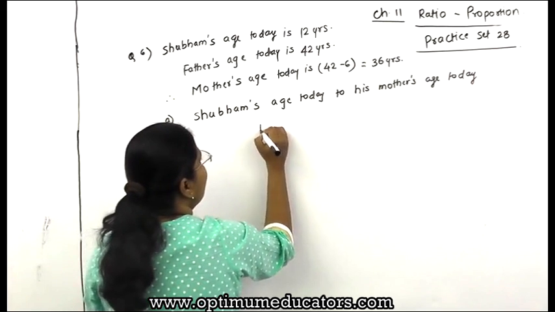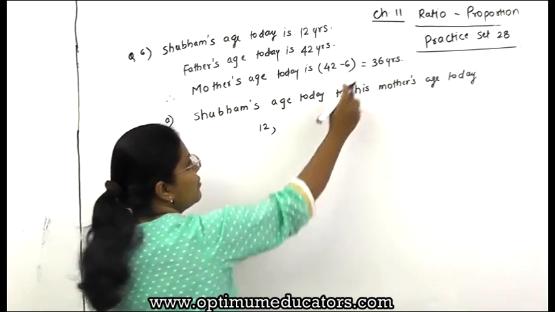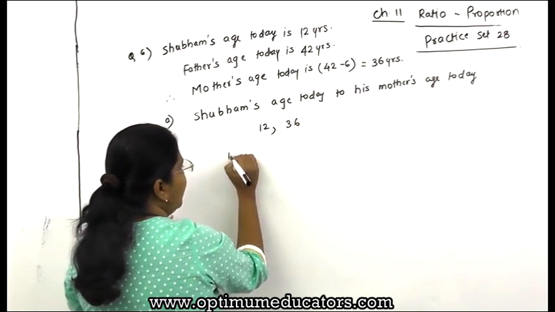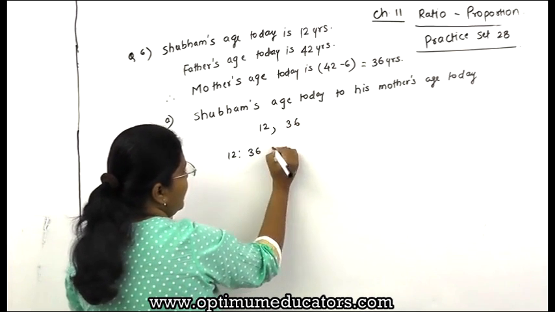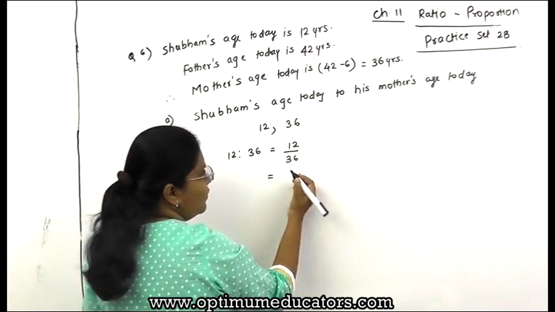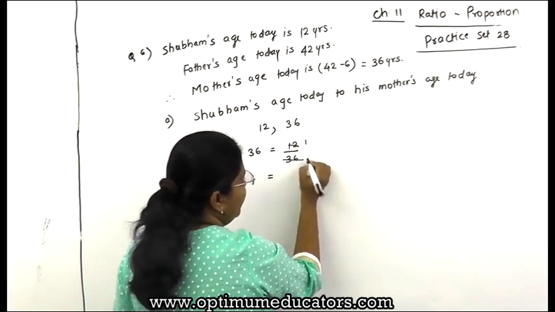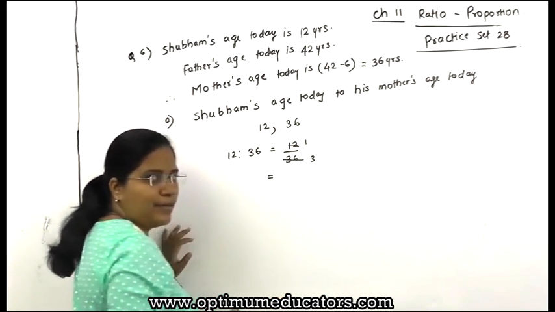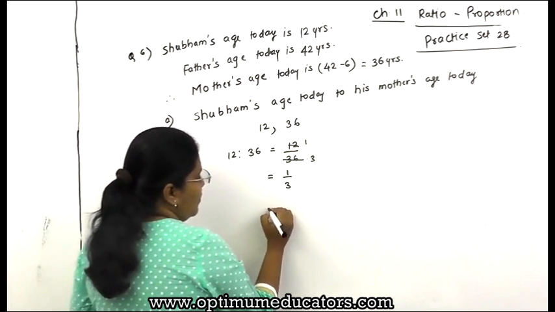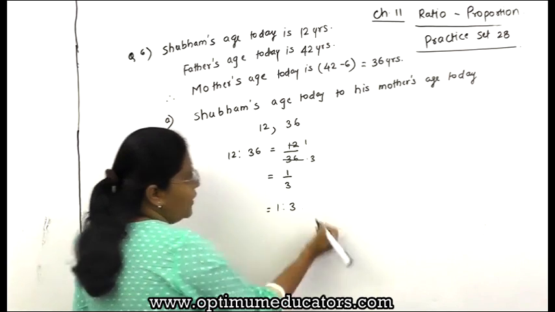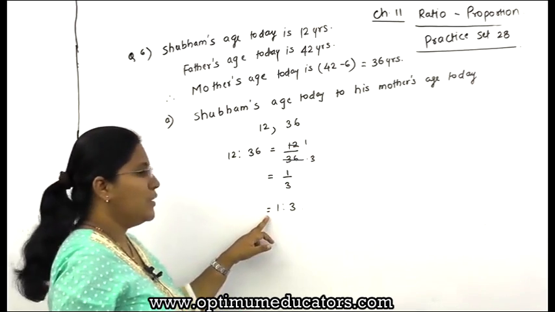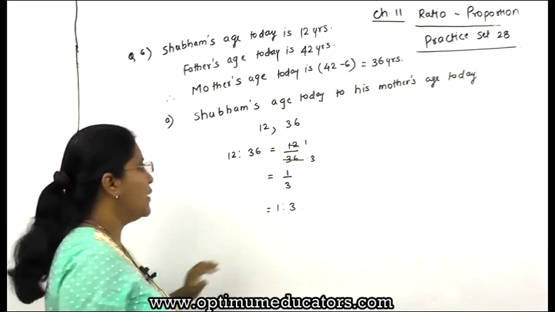It is 12 years. And what is his mother's age today? It is 36 years. So 12 is to 36. 12 upon 36. 12 ones are 12. 12 threes are 36, isn't it? So it is 1 upon 3, which is 1:3. So Shubham's age to his mother's age today is in the proportion 1:3.